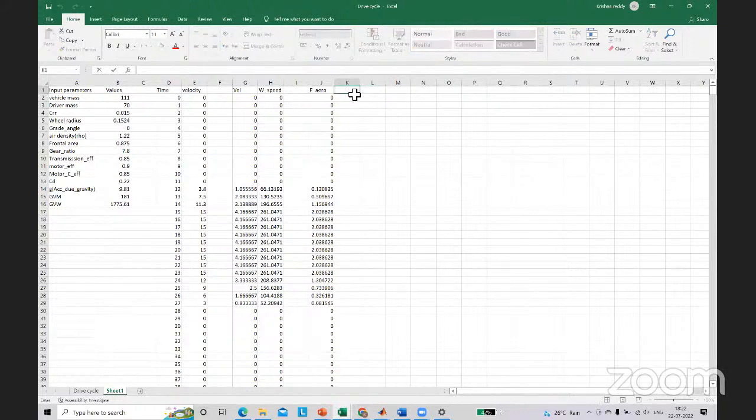And now I'm going to calculate rolling force. This will be a constant value. So GVW, bring a dollar symbol, multiplied with GVW and multiplied with wheel radius. Say enter.